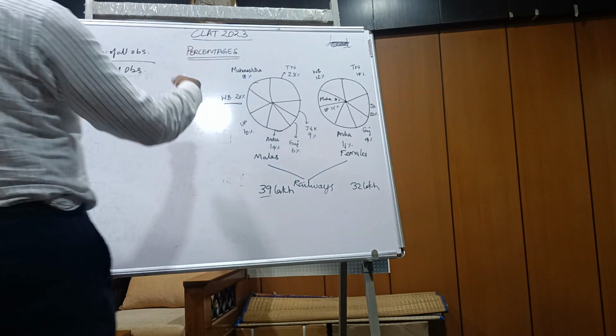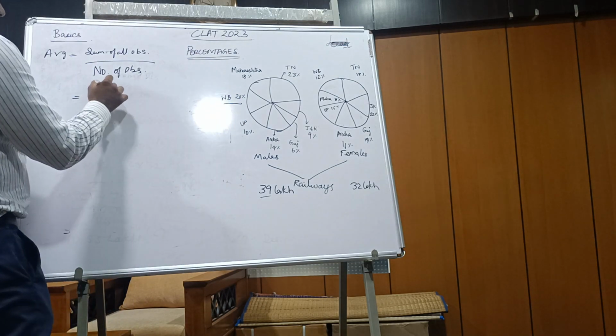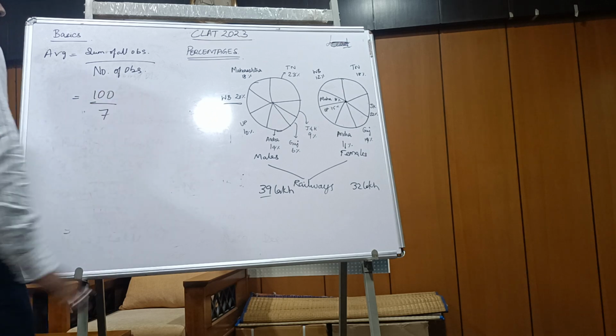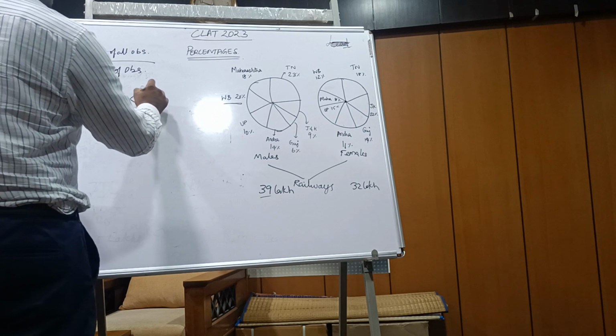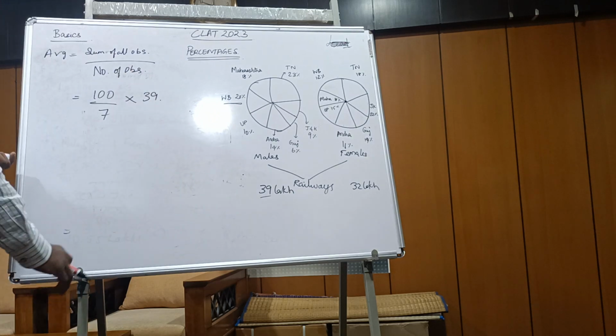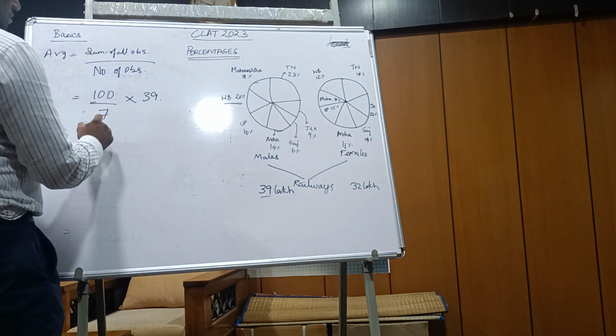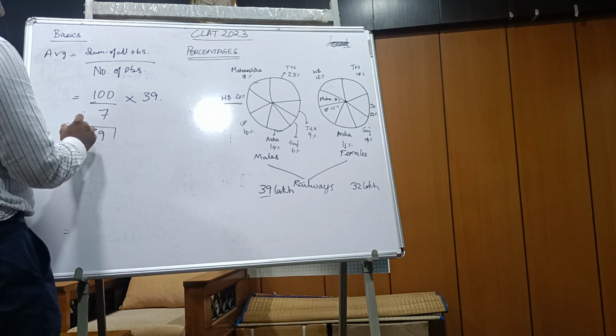If you add all these percentages, it's going to be always 100, divided by 7, which is going to be the average percentage, okay? And if you multiply it by 39, you get the answer. So 39 you have to divide by 7.